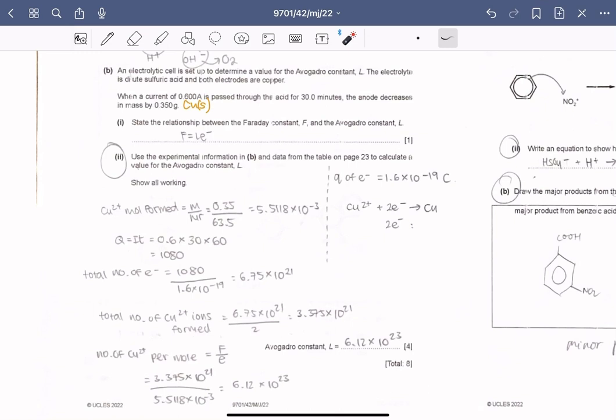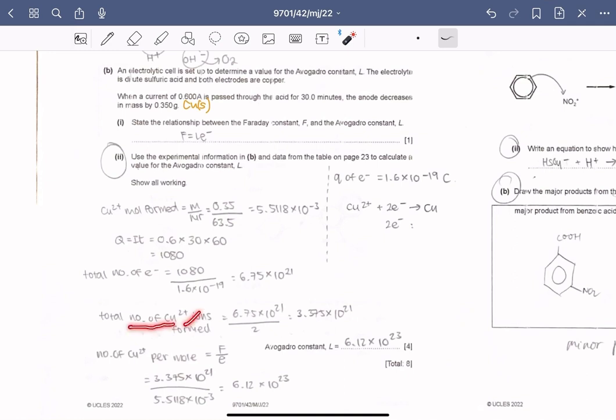How many is the total number of electrons? So the total number of electrons is the total charge divided by the charge of one particle. So we get 6.75 times 10 power 21 electrons present.